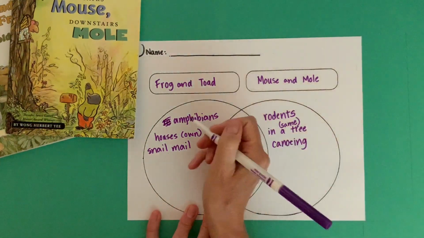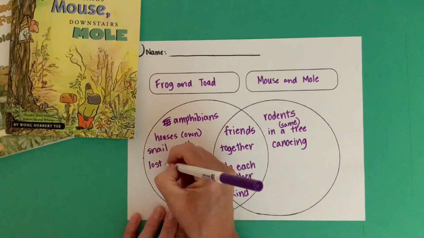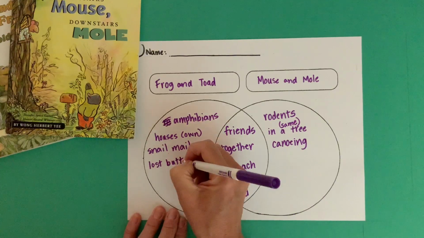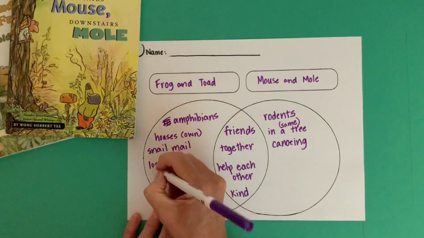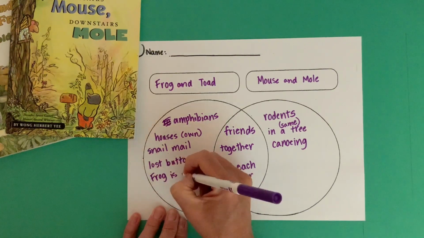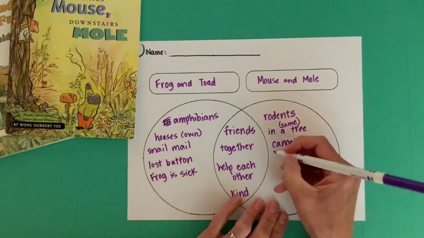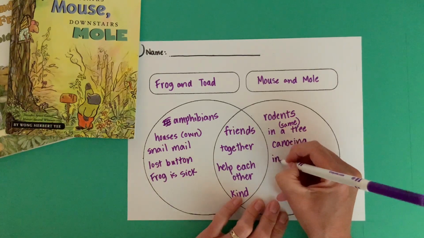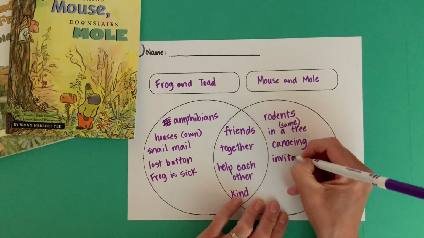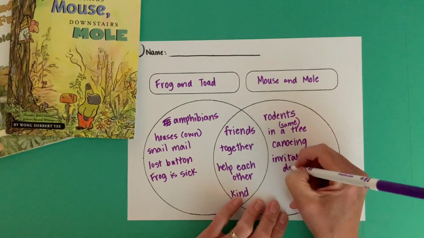What else? In Frog and Toad, there was a lost button. Frog is sick. In Mouse and Mole, they send invitations, right, to dinner.